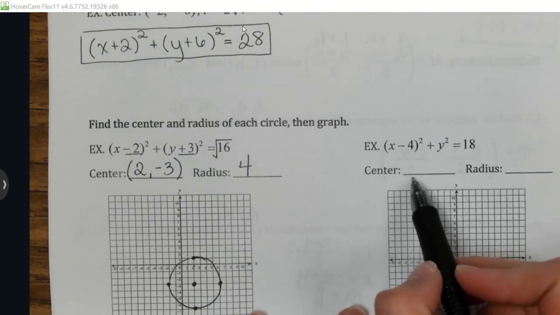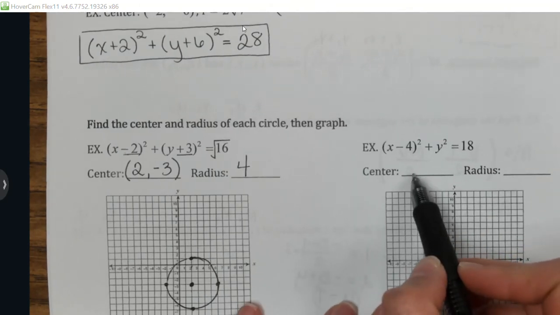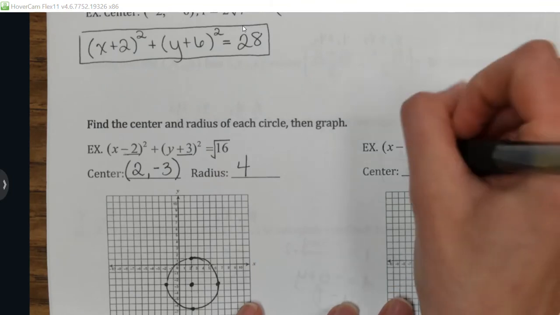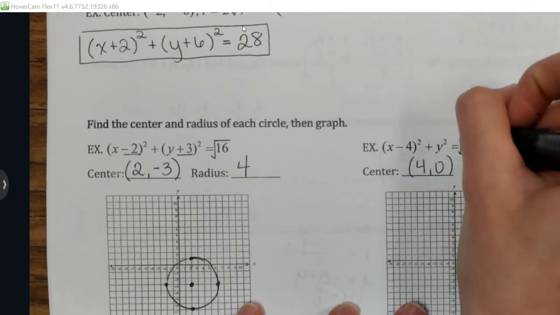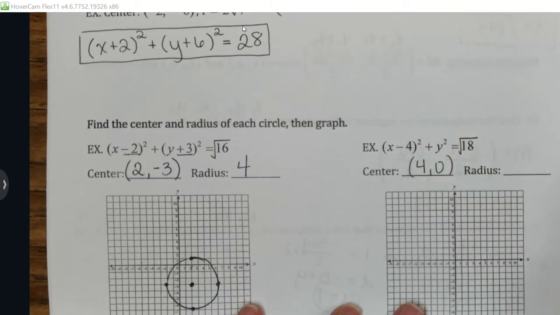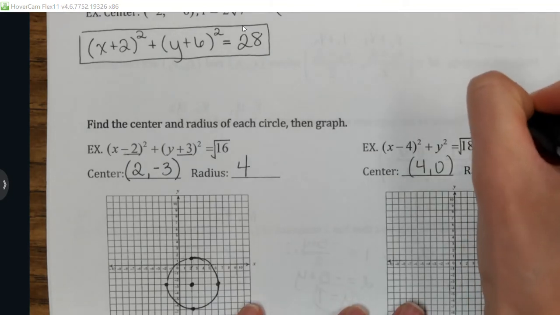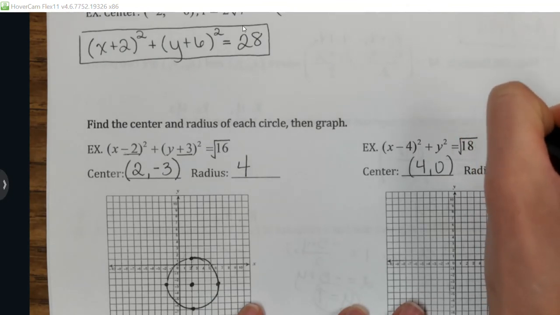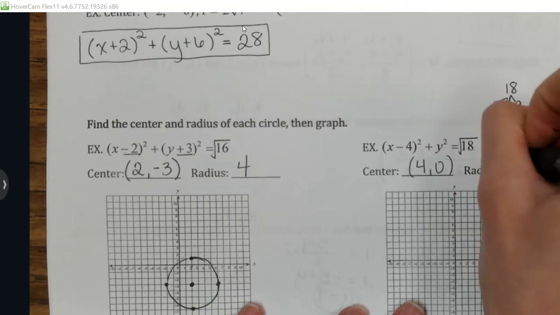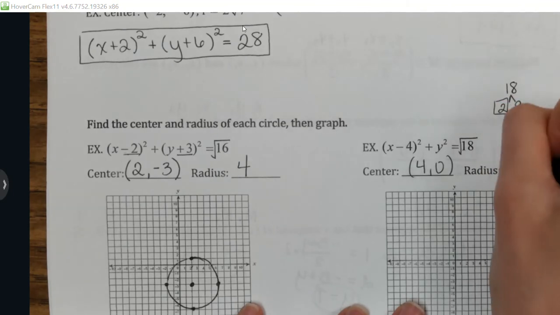Okay, what's the center for my next example? 4, 0. Now, the square root of 18 is not a perfect square, so I would simplify it. 2 and 9. 9 splits into 3 and 3. So it's 3 square root of 2.